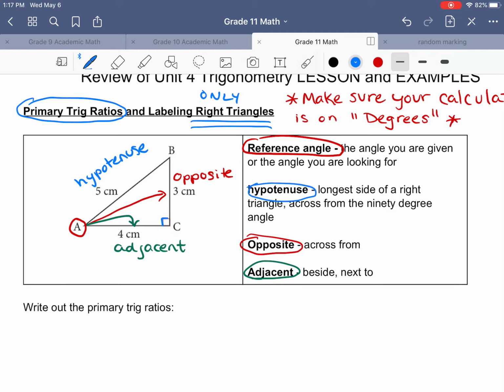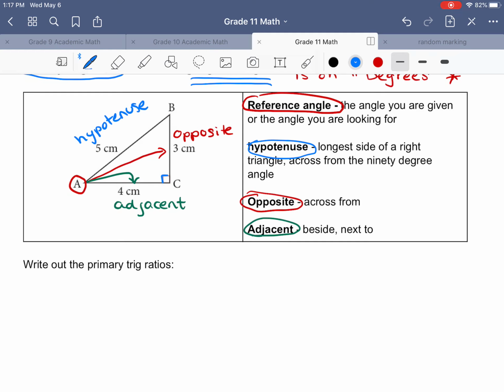So now that we have labeled our triangle, we are going to write out our primary trig ratios according to how we've labeled the triangle. And this is where we break out sine, cosine, and tangent. So the sine of our reference angle A is equal to the length of the opposite side over the length of the hypotenuse.